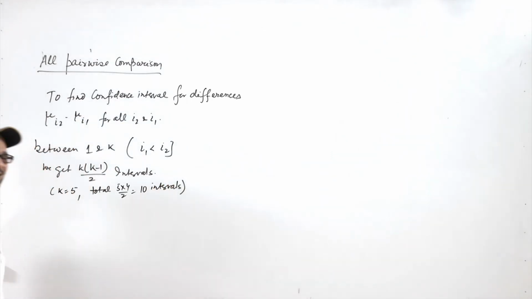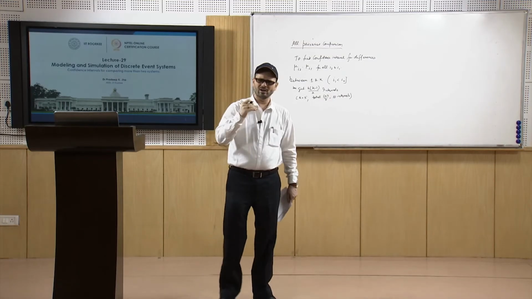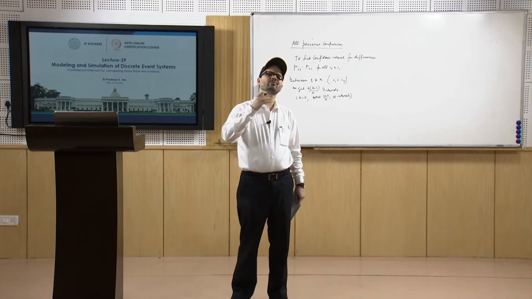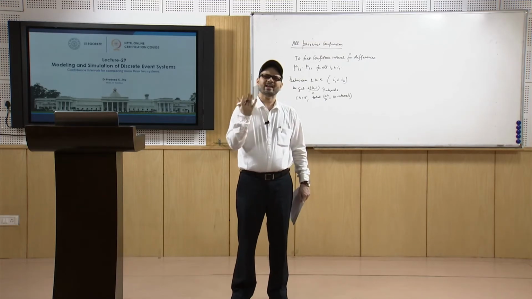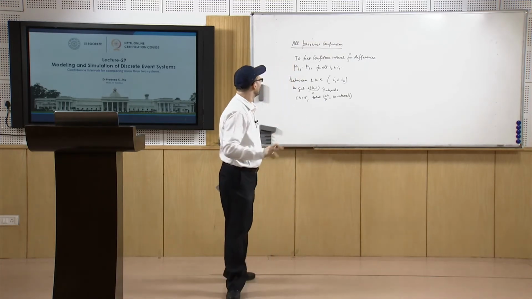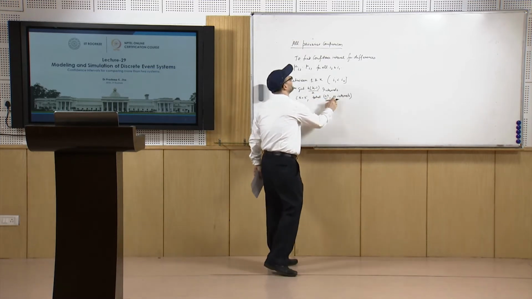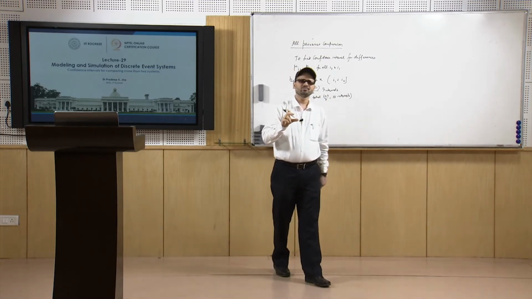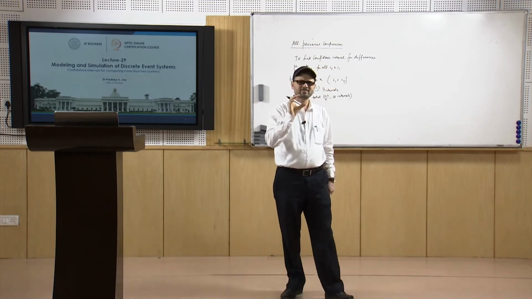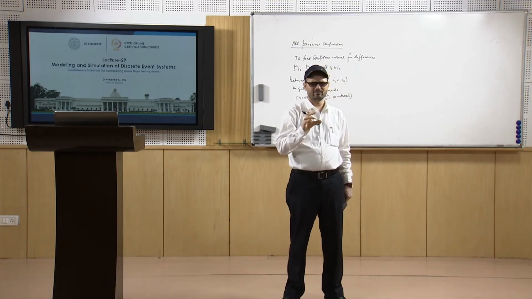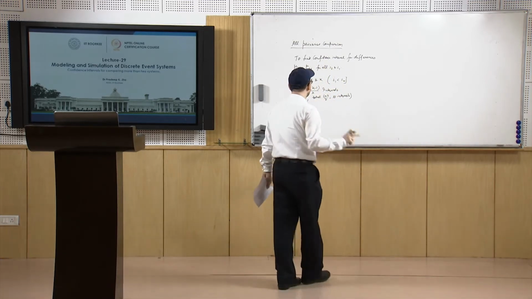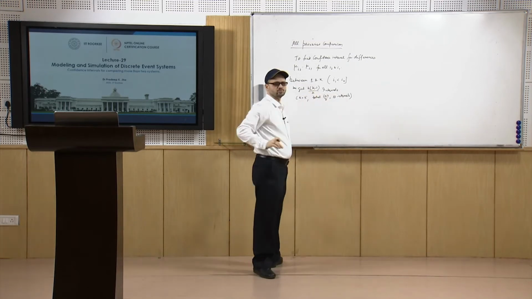Now, in that case again, since we are making 10 intervals and overall you must have a confidence level of 90%, we will again use the Bonferroni inequality. In that case the individual interval must be maintained at a confidence level of 1 minus alpha by k into k minus 1 by 2.